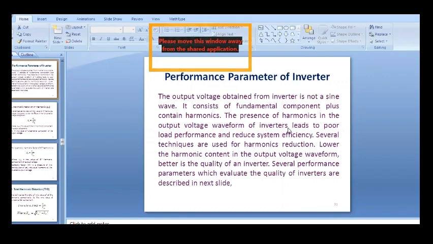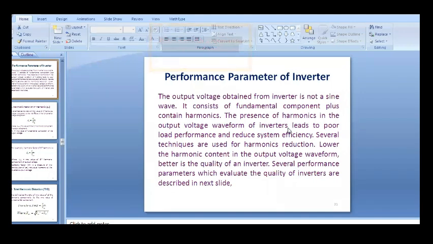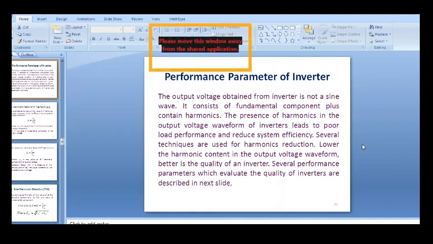Several techniques are used for reduction of harmonics, so the output voltage obtained can have less harmonic content, and thereby several techniques are incorporated for harmonics reduction. Always, the lower the harmonics content in the output voltage waveform, the better the quality of the inverter.